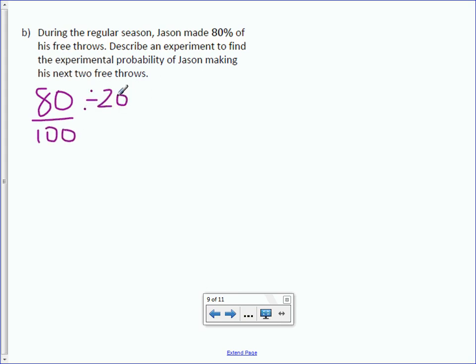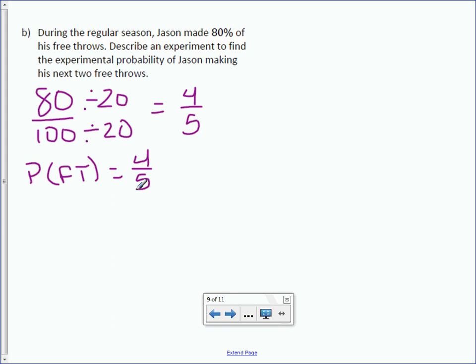Again, we can divide by 20. We would get 4 out of 5. So the probability of free throws, I'm going to abbreviate FT, is 4 out of 5. Which means the probability of not free throws is 1 out of 5 because 4 plus 1 equals 5.